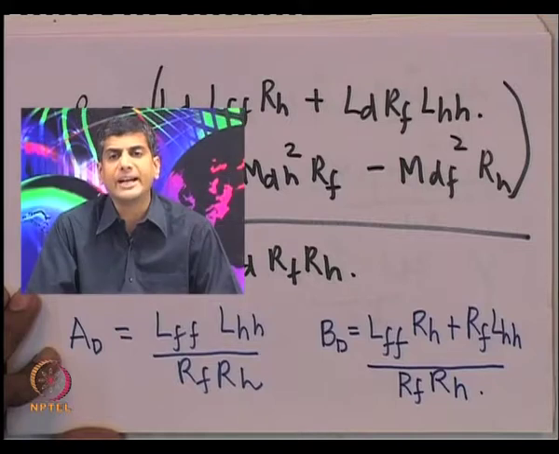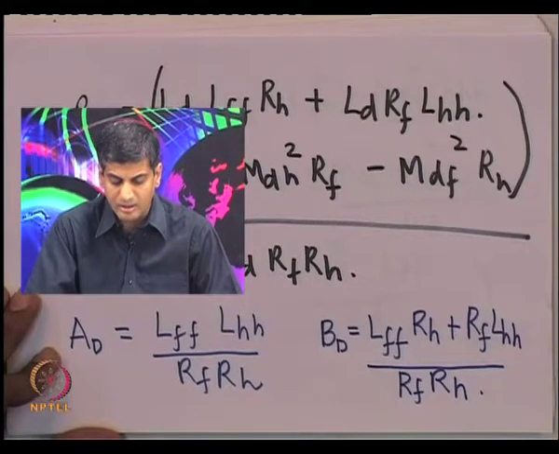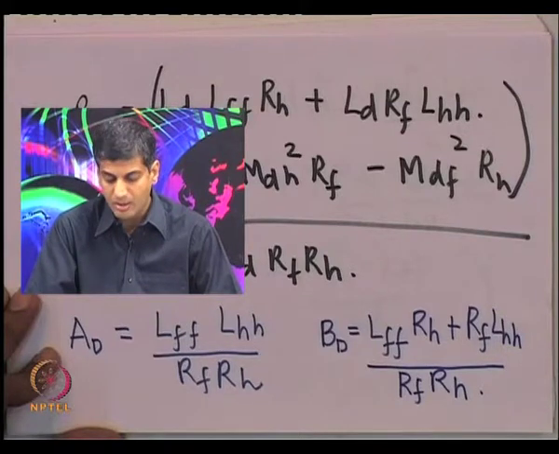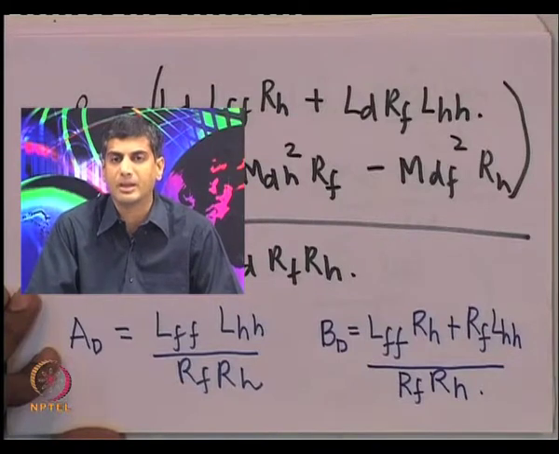The expression for A d is wrongly written. The numerator should be LFF into LHH minus LFH square. So, please note this error.